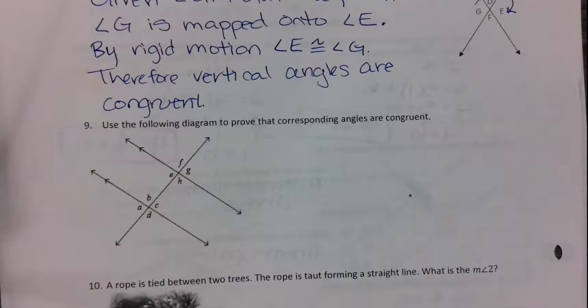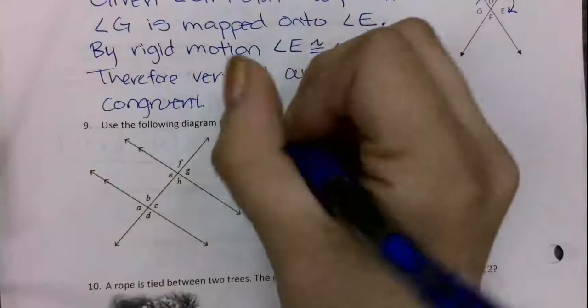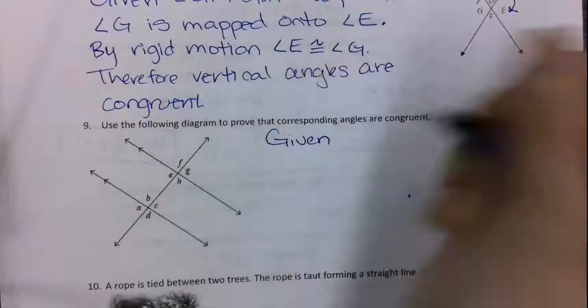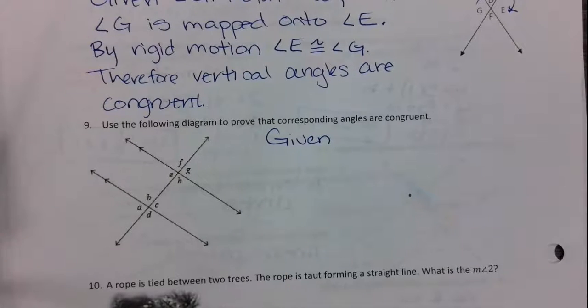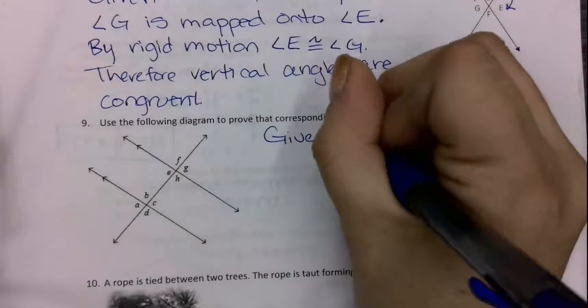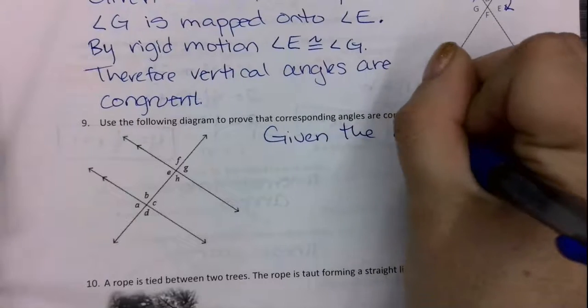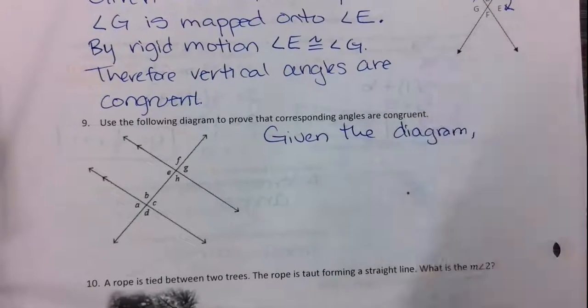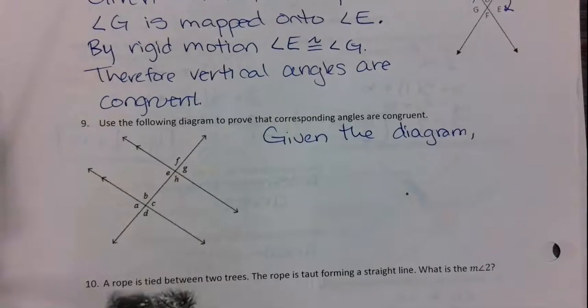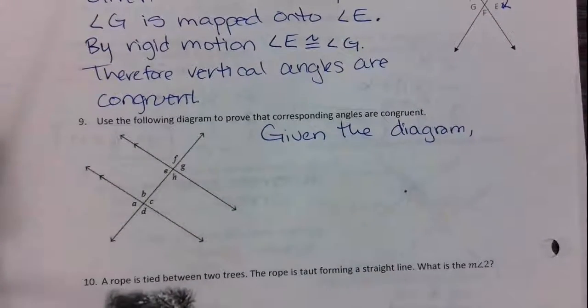I want to prove that corresponding angles are congruent. So what I want to say is given these lines aren't labeled, the diagram. I'm going to pick an angle.